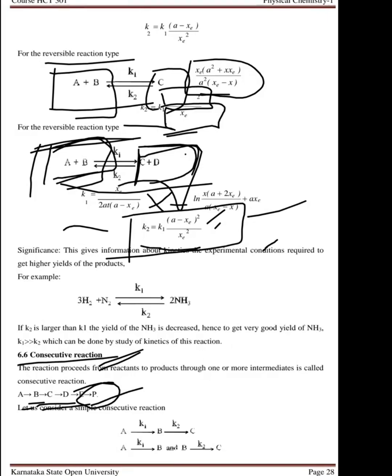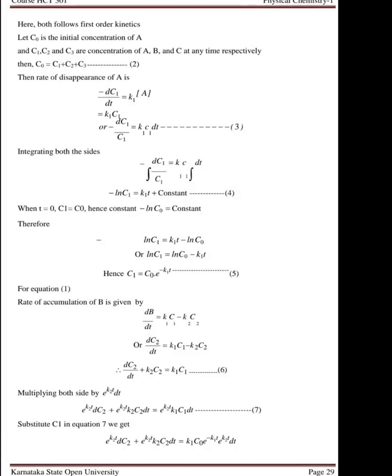Here A is converted into B and B is converted into C with the rate constants K1 and K2. So in the next step, you are going to identify the rate of reaction.